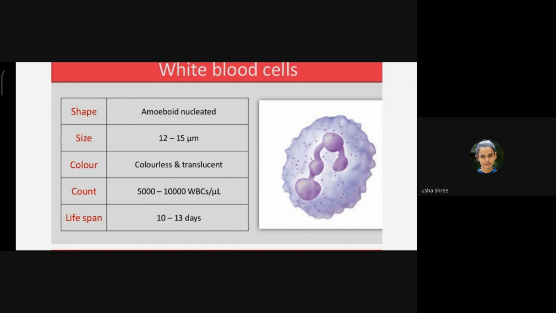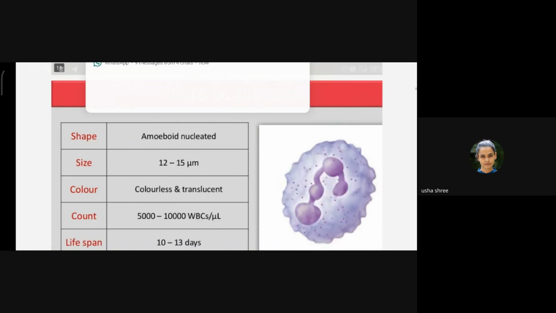Okay. Tell me, what is the count of RBC? Ma'am, for males it's 5.4 million per microliter, and for females it's 4.8 million per microliter. Mm, okay. See here.